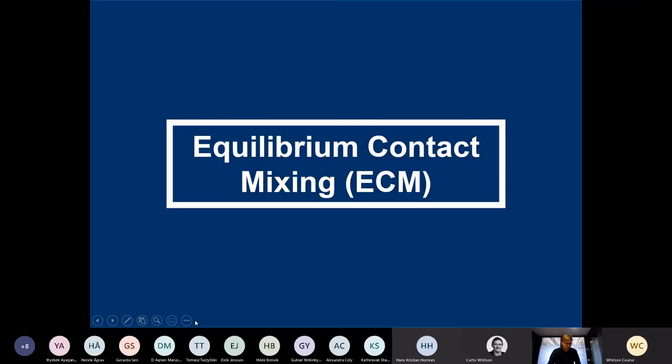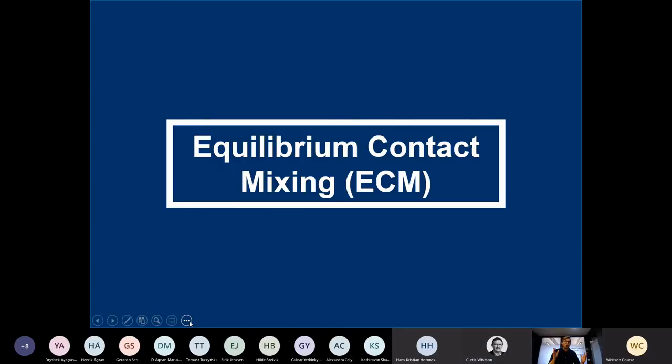This ECM, equilibrium contact mixing, or the methods associated with that. We will attach a go-to paper for this from '94, I think, written by Øyvind Fevang, which is now the chief engineer in Equinor, and Curtis Whitson.